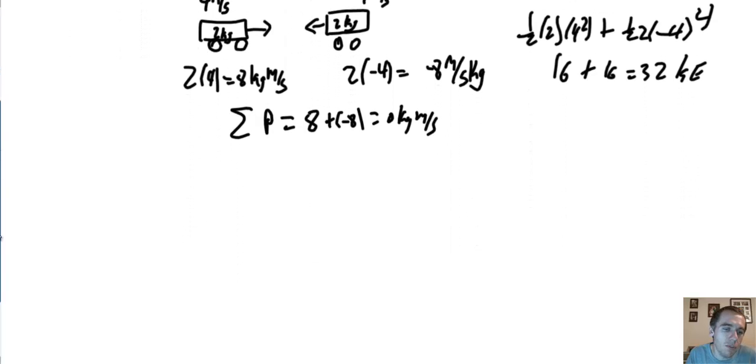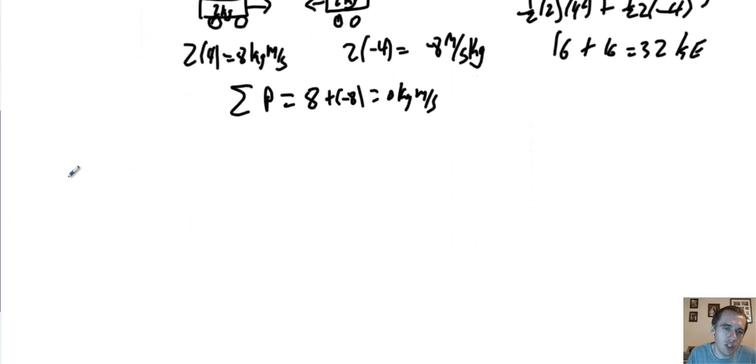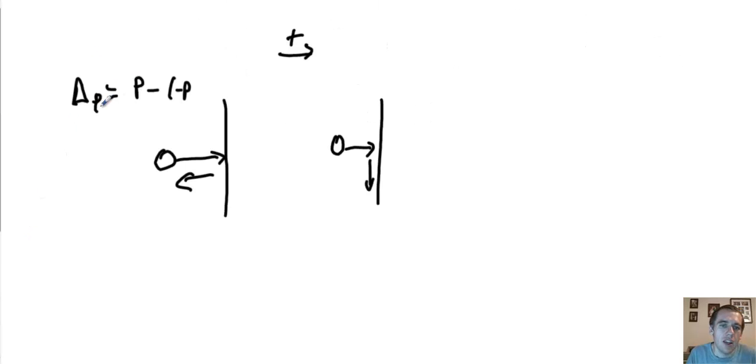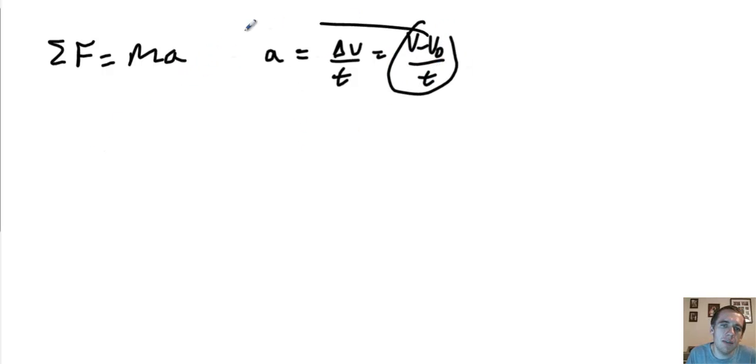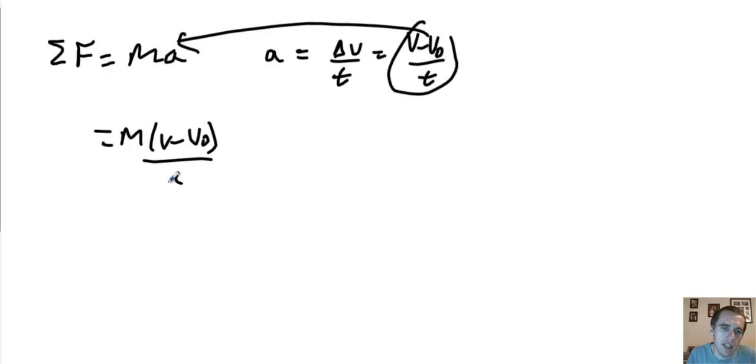And that's especially important when we think about collisions, because what we have is Newton's second law, which says net force equals mass times acceleration. But remember, acceleration is merely the rate of change of velocity, change in velocity over time. Remember, that's v minus v naught divided by t. If we make this substitution into Newton's second law, then what we get is m times (v minus v naught) over t is equal to the net force acting on an object.